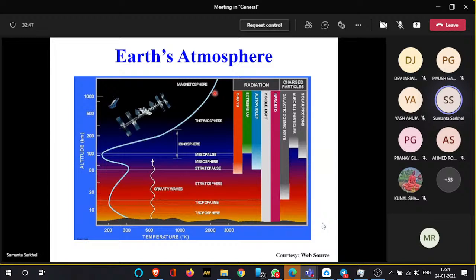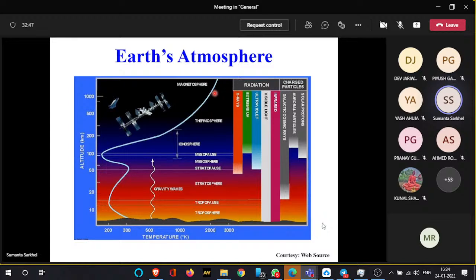All right, so let me repeat again. As I told, the atmosphere has many gases: nitrogen 78%, oxygen 21%, and the rest are other gases like CO2, water vapor, ozone, and so on. This Earth atmosphere can be classified into several layers based on temperature.